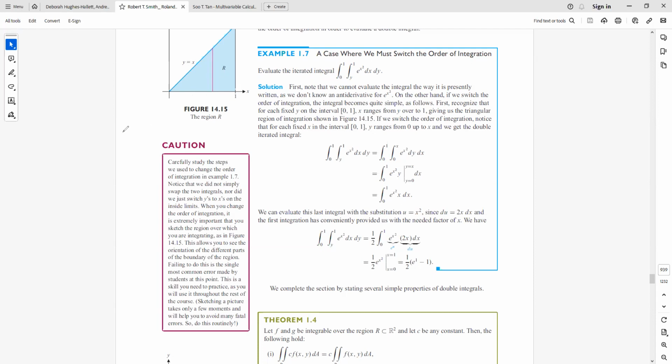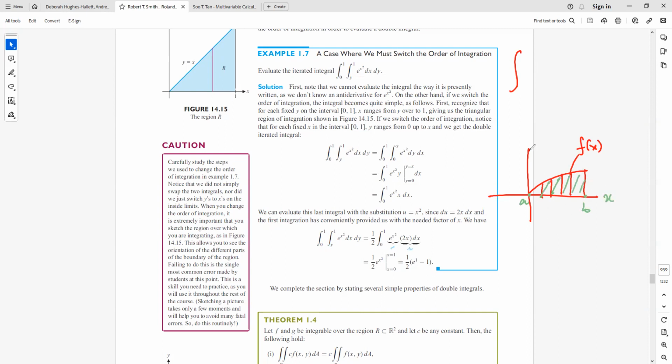So let's take a look back at the single variable function. If we want to find area bounded by a function, let's say this is a function f of x, and I am interested in finding the area bounded by this curve above the x-axis, then I can simply integrate this over these limits on the x-axis, that is, let's say from a to b, and I'm going to get this area that is bounded between these two curves, right?